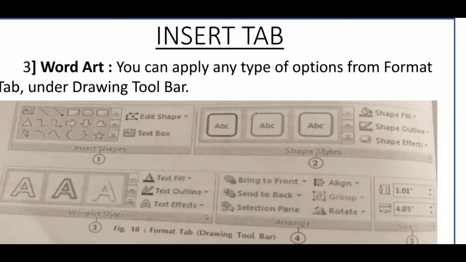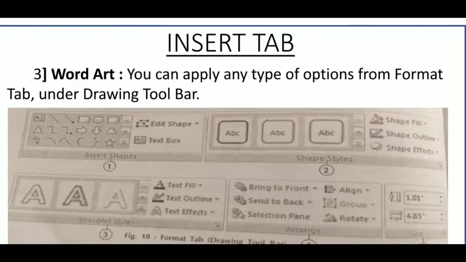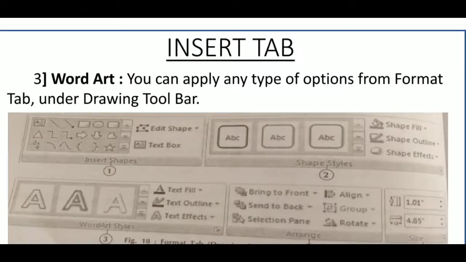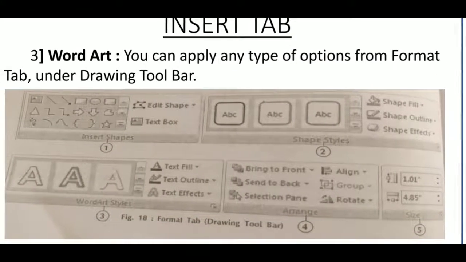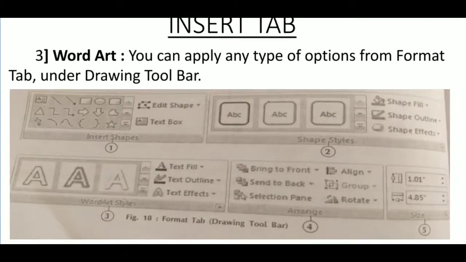Here you can edit the shape of a word art, and you can set the shape outline, shape effects, and shape fill. If you want to fill any other texture, you can fill that also, and you can fill the color also. You can change the text outline and text effects, everything you can change here. And you can rotate the text, align the text, and make a group of text, everything you can do from this Format tab's Drawing toolbar.